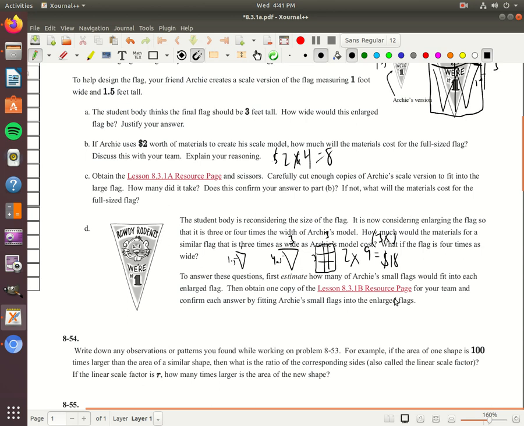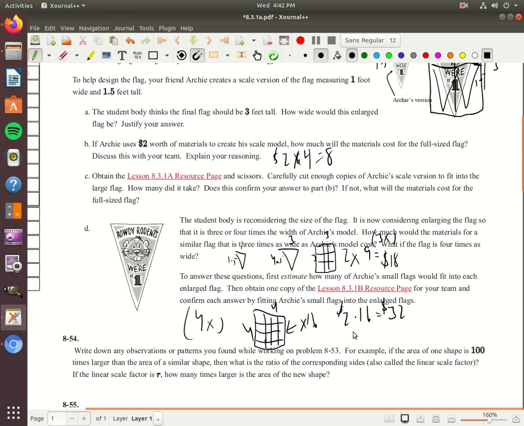If I made it 4 times bigger, and I guess I'll put the 4 times bigger down here, now 2, 3, 4, 2, 3, 4, you can see I'm actually making it 16 times bigger. So if I have $2 and I'm going to make it 16 times more area, that's going to be $32.